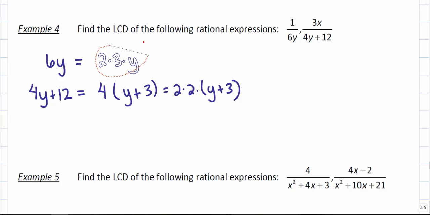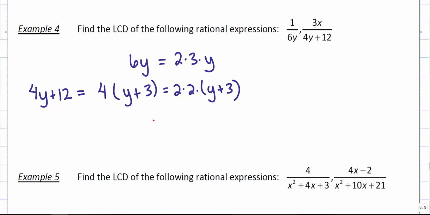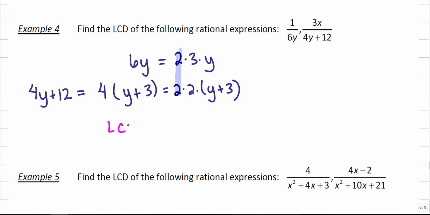So basically, if I look at these two denominators, I don't need this number 2 three times. All I need, the most number of 2's I see, is two 2's. Because they share this factor, when I figure out my LCD, that factor I'm only going to write down once. But then everything else I have to write down.